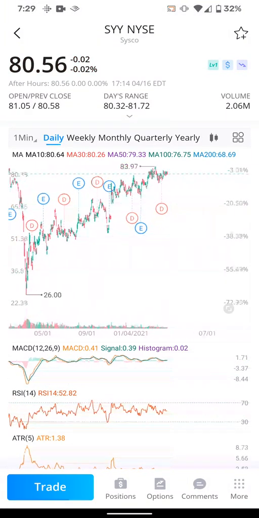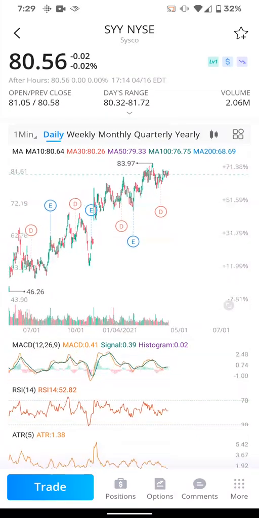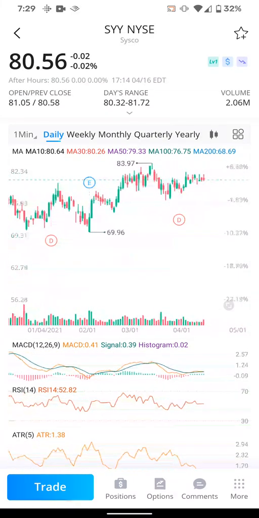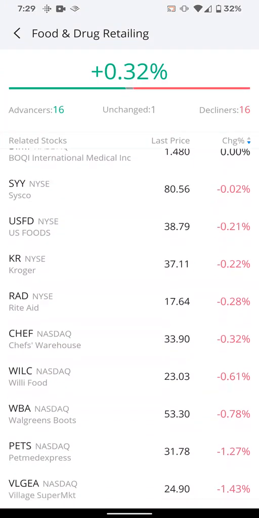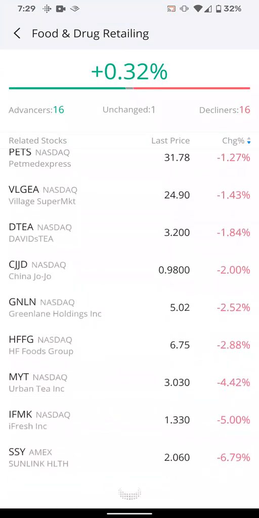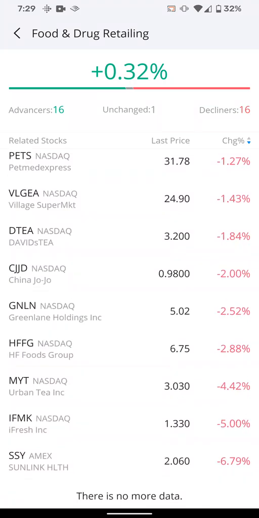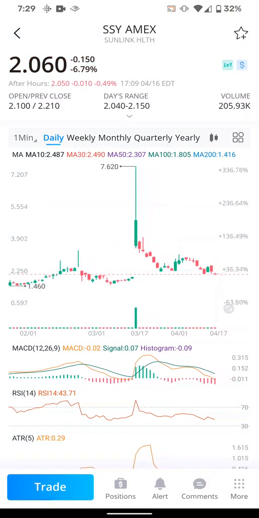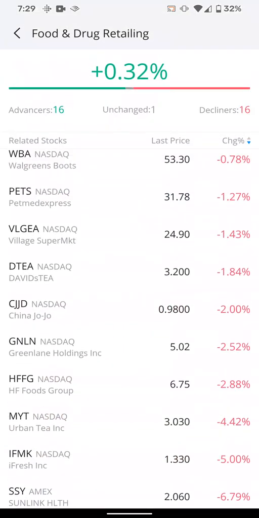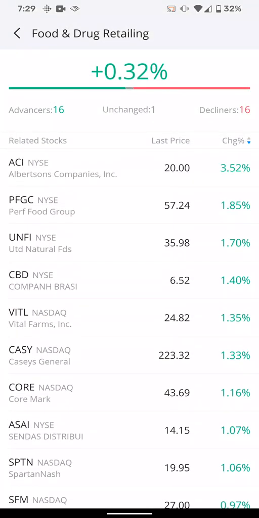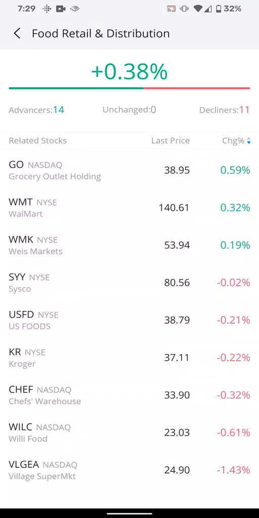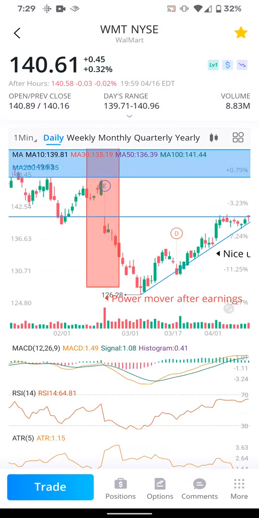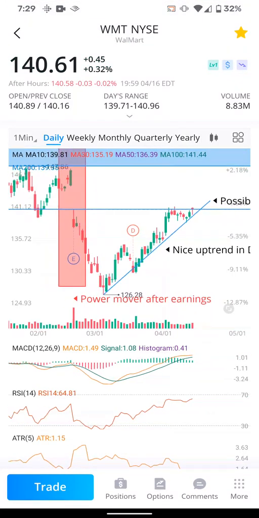It was red that day, but it's still in the uptrend, as you can see. So that really doesn't count. It was only down by 0.22, like these 0.2, 0.6, these are all down days. Very small down days. Actually, very good days to get in. We can see Walmart was on a red day too that day.